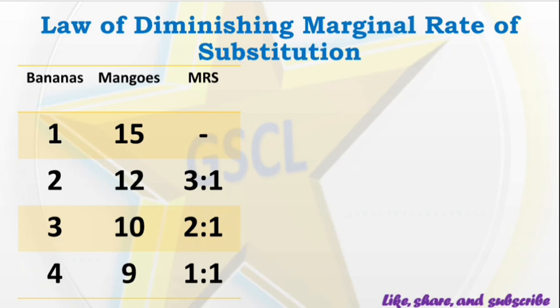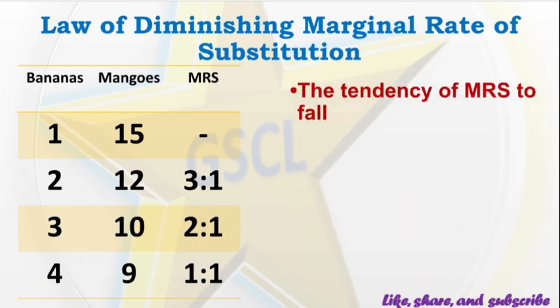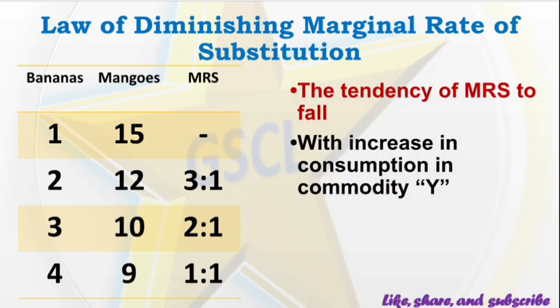You can notice that the marginal rate of substitution falls considerably with every additional unit of the other commodity. In this, you can notice that the consumer prefers to sacrifice lesser and lesser units of mangoes with every additional unit of banana.